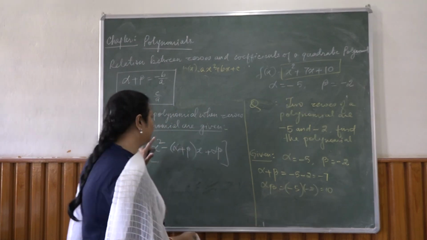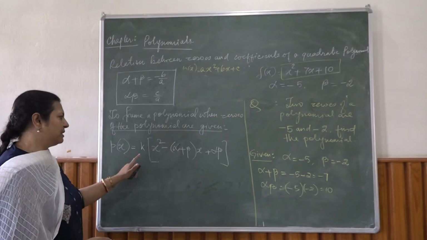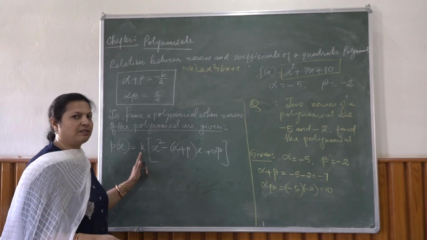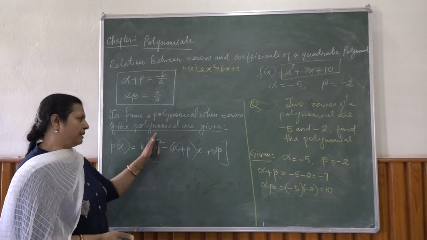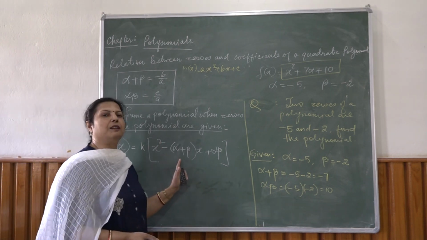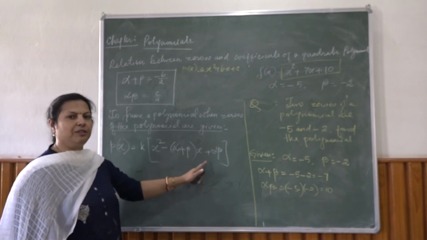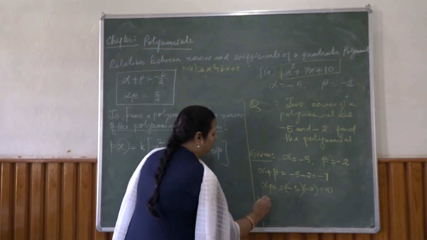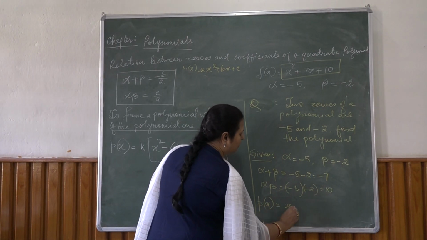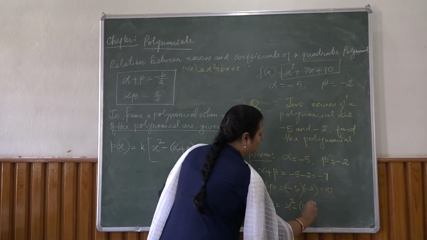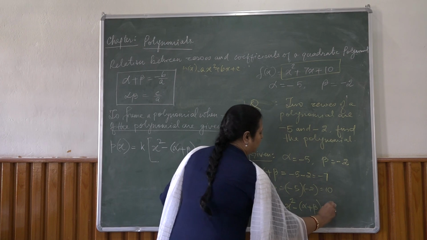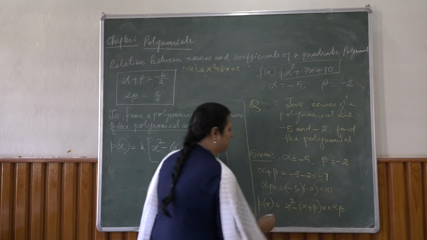Now how is the polynomial formed? The polynomial is given as k into, where k is any constant if at all it exists, x square minus (alpha plus beta) x plus alpha beta. So let us substitute in this. We can now say the polynomial is equal to x square minus (alpha plus beta) x plus alpha beta.